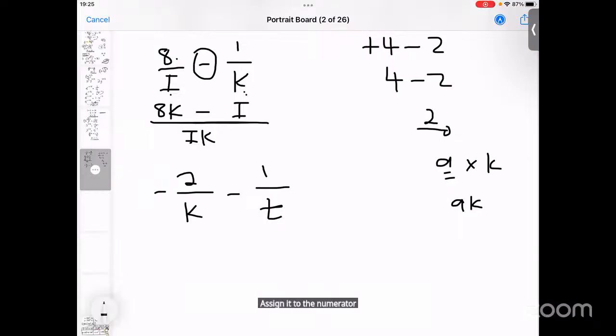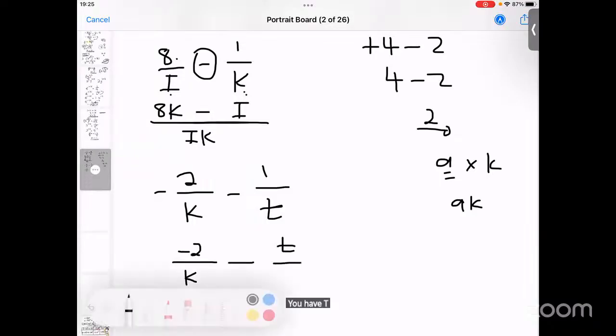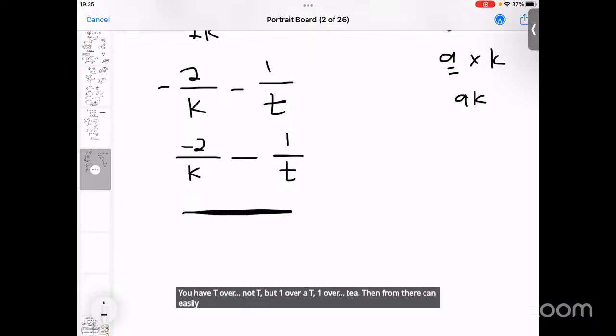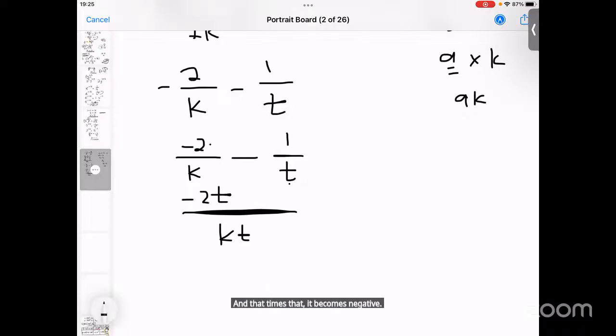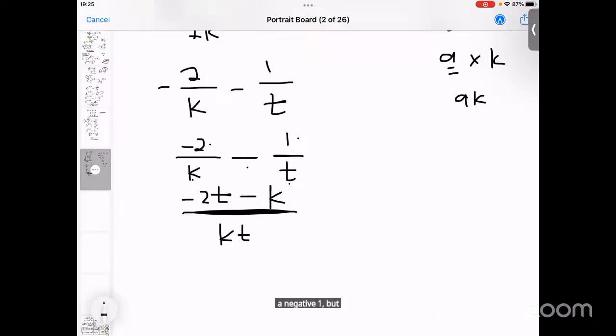So take it to that -2 over k, then you say minus 1 over t. Then from there, you can easily do your thing and say kt. That times that becomes -2t, and that times that, with the sign of the minus, becomes -1 that. This should be the end of it, honorable members.